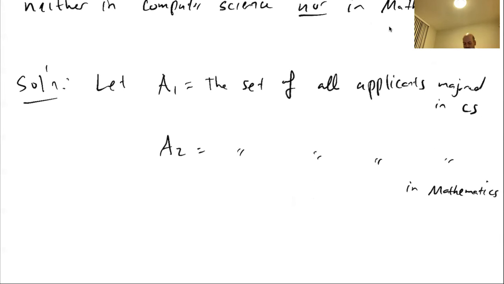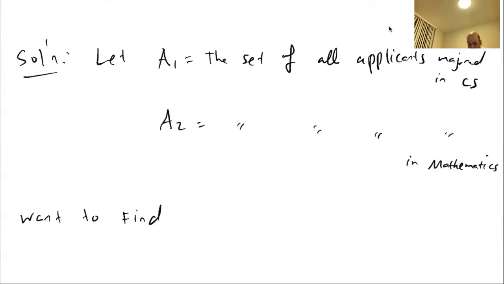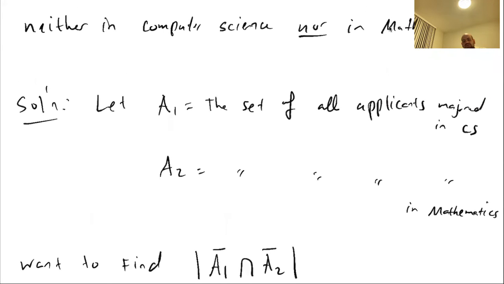And we want to find the number of elements in A1 complement intersection A2 complement. We want to know how many applicants are majored neither in computer science nor in mathematics.